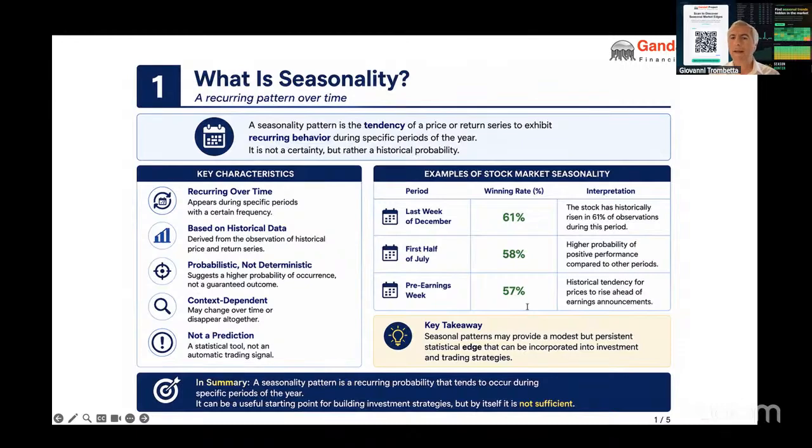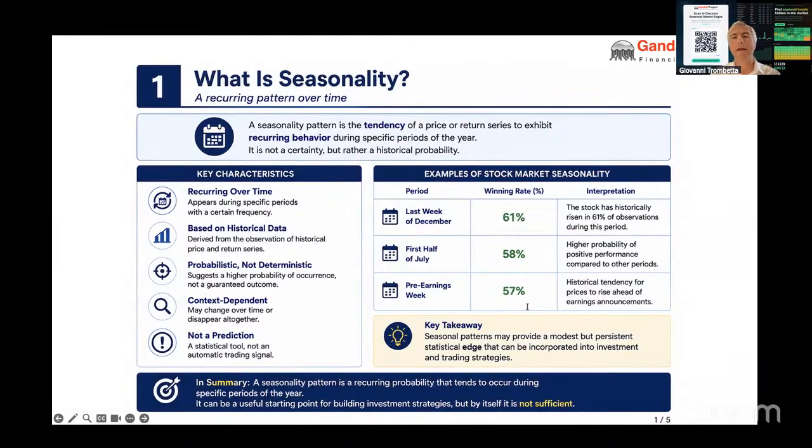Looking at the example, a winning rate of 61%, like in the slide, means that the pattern worked in roughly 6 years out of 10. That may represent an edge, but it also means it failed almost 4 times. Don't forget this: 4 times out of 10.